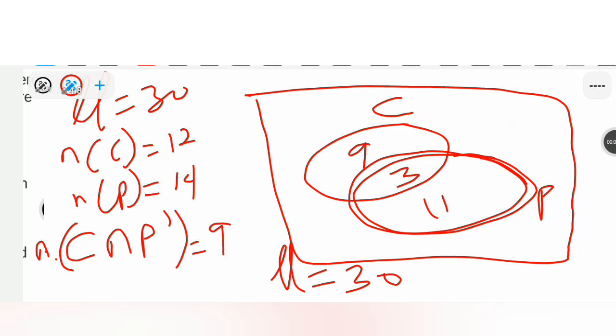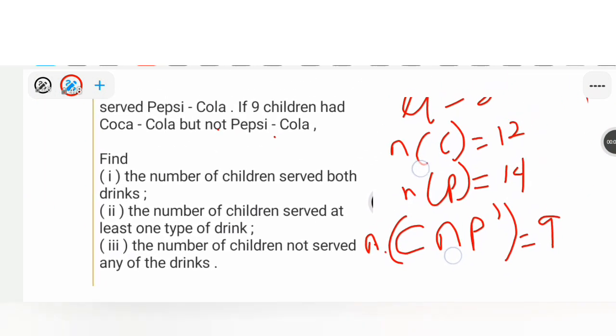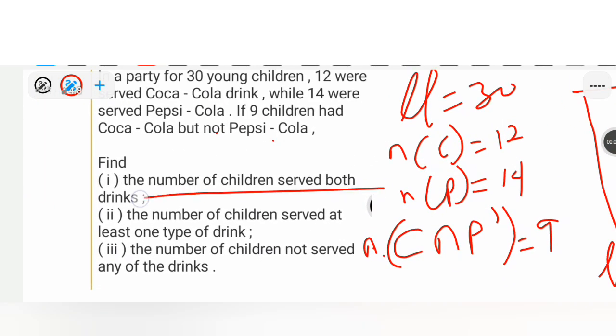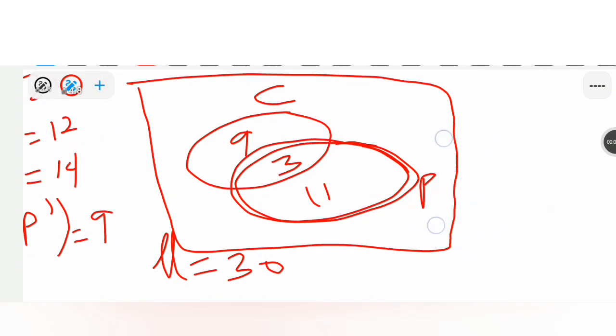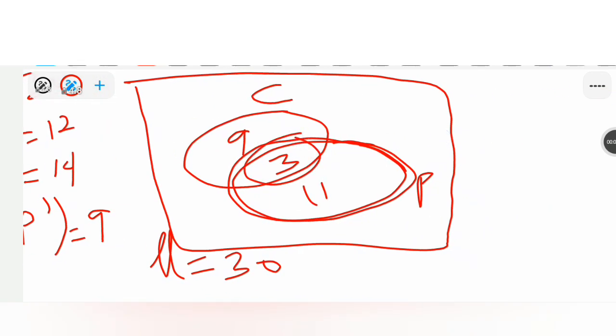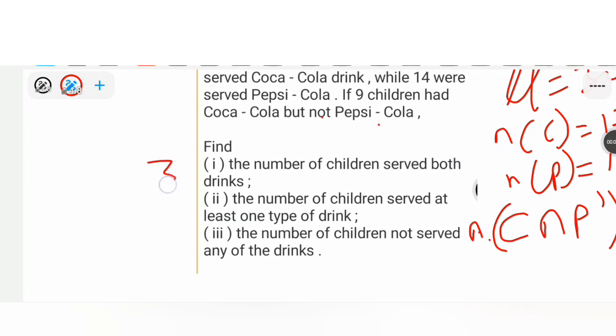So you can use this diagram to get the answers to those questions. So let's do it now. The first one, find the number of children that were served both drinks. These are the people in the center. So the answer is 3. Number of children served at least one type of drink. We're talking about union right now.